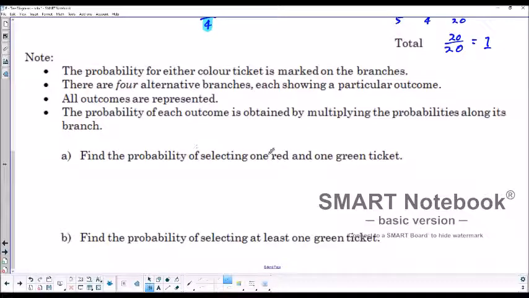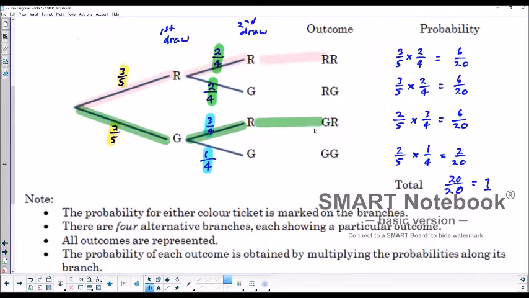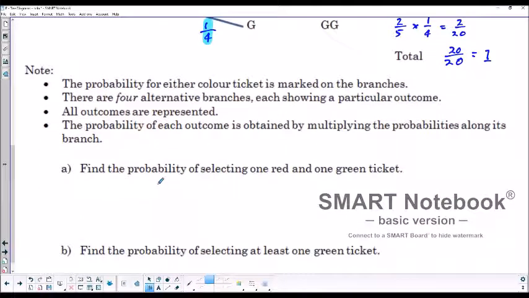So to find the probability of selecting 1 red and 1 green, well, we've got those situations up here. So 1 red and 1 green is this and this. So we've got 6/20 for each of those. In this particular question, we're not asking about specific orders, just selecting a red and selecting a green.